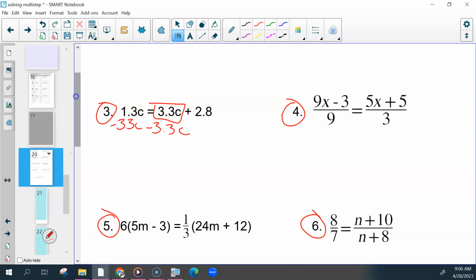And then combine your like terms there. So this would be negative 2c and divide. 38.4.